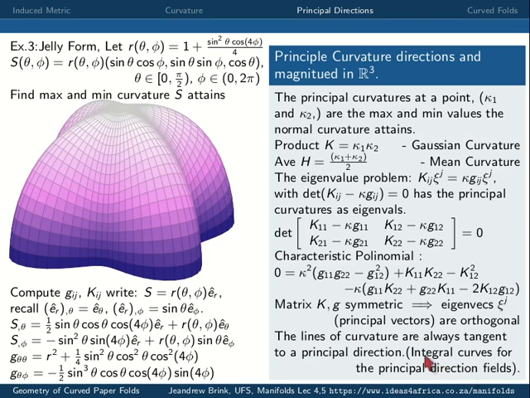So for example, over here, very often these principal curvature vectors, they are easy at least to see some of them. So for example, if you look at this picture, at least can you identify one of the principal curvature directions that you think?